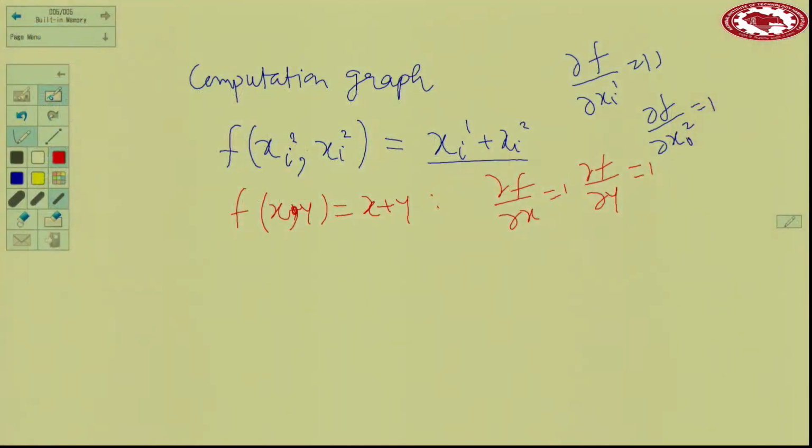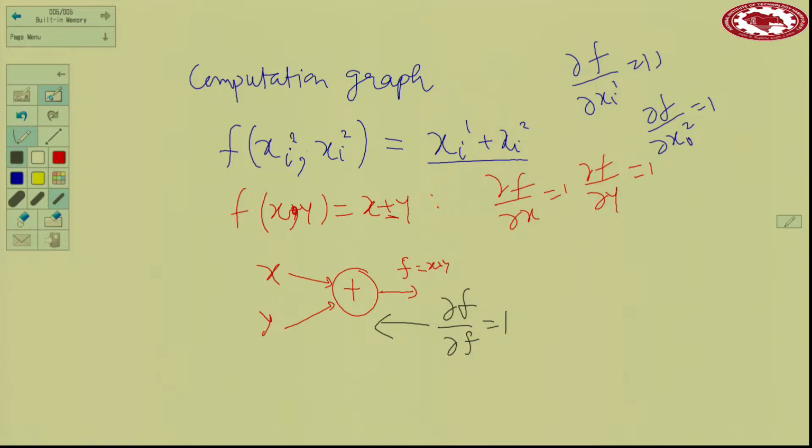The idea is, whatever operator you have, just make a node. So, we have a node here to perform the plus operation. We have x as input, y as input, and the output f, which is x plus y. How is the gradient computed? We follow the backward direction. The gradient of f with respect to f will be 1.